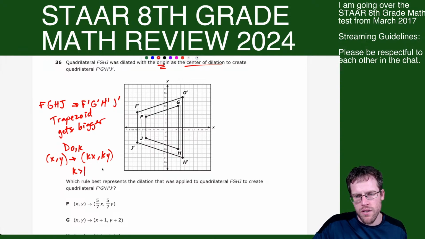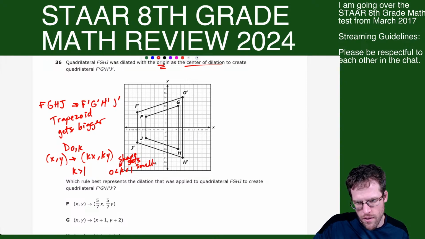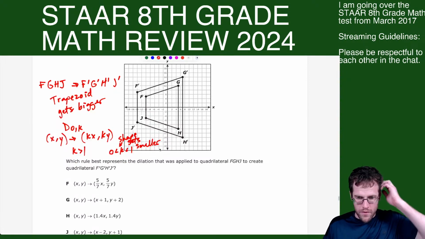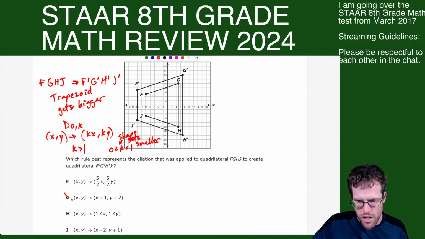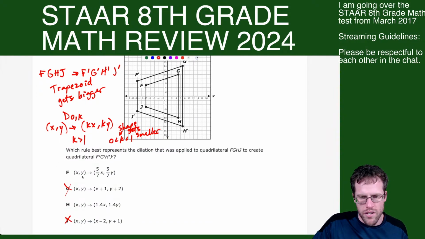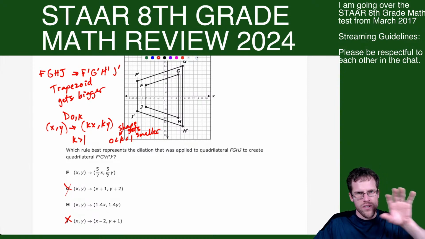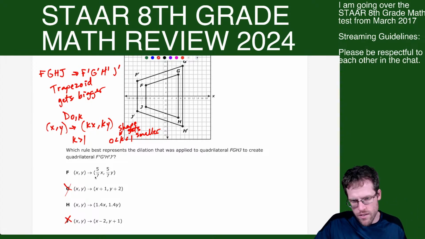If K is between 0 and 1, then the shape gets smaller. Okay, like if our scale factor was a half, the shape would get smaller. So now I just look at the answer choices. G and J are out because these are translations, like going to the right one, going up 2, going to the left 2, up 1. So those are translations. That's just sliding the shape. So that's not a dilation.